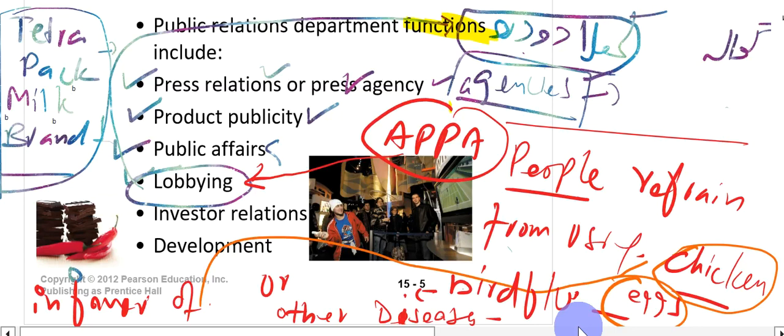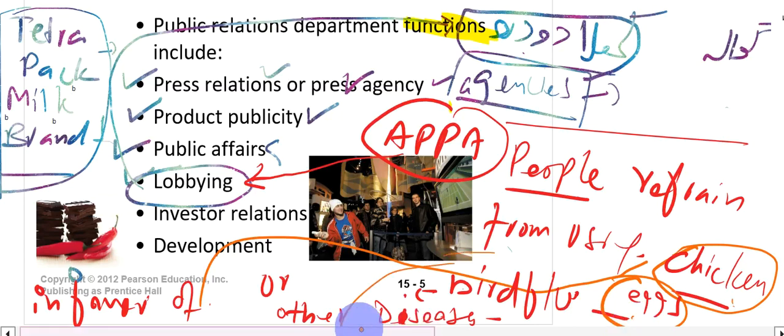So students, this was something which was basically communicated to the people, that people should not stop using eggs and chicken or broiler chicken and the eggs of broiler chicken just because of bird flu or any other disease.